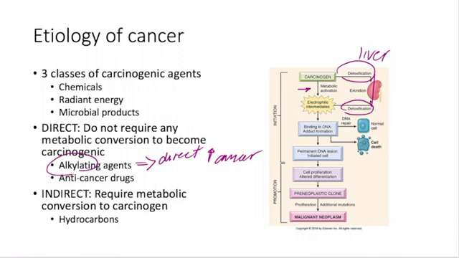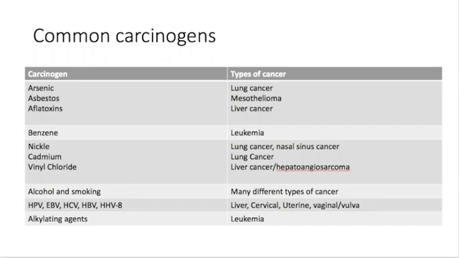If not, then we get binding to DNA and we start getting issues. A lot of times we will get DNA repair, or we end up getting apoptosis and cell death. If the cells are unable to do that, then we get permanent DNA lesion, cell proliferation, pre-neoplastic clone, and then we get neoplasia.